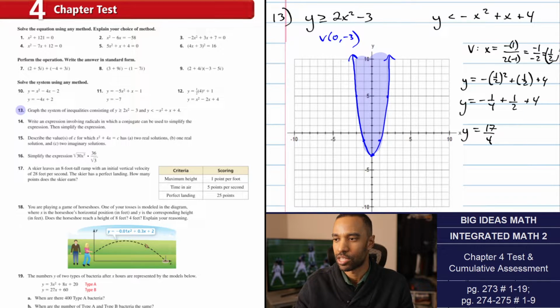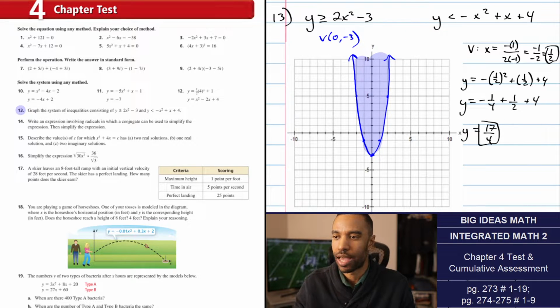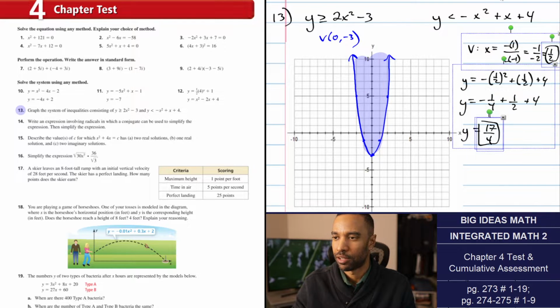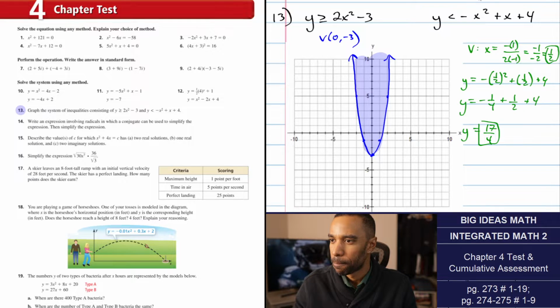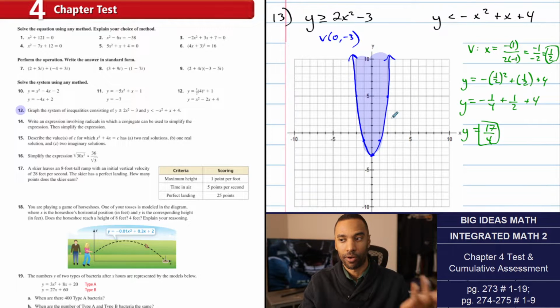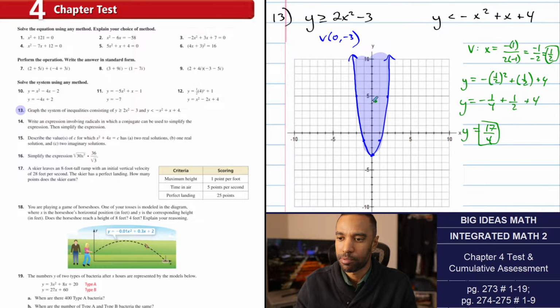So I get a vertex at 1/2 comma 17/4. Let's change it to green or some different color. 17/4 is 4 1/4, right? 4 plus 1/4. So 1/2 comma 4 1/4 up there. This graph goes downward. It has a y-intercept of 4 right there, which means it gets reflected across there.